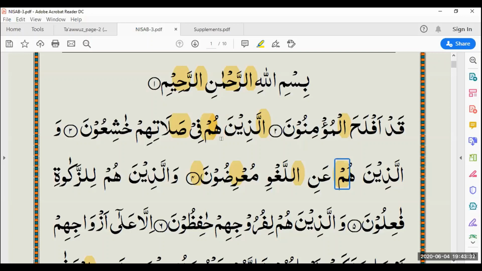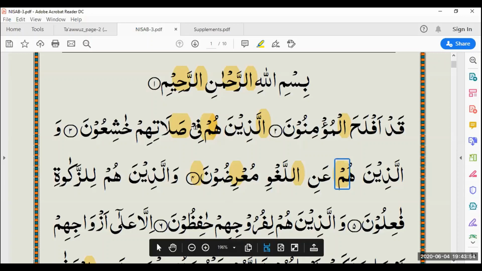Khashi'un. Well done. So I just want to make sure that you understood the rule. So can you please explain the rule for everybody else to understand as well? You said we don't supposed to stop on the meme sound. Mm-hmm. Yeah. When are we allowed? After this, if we have ba or meme sound.